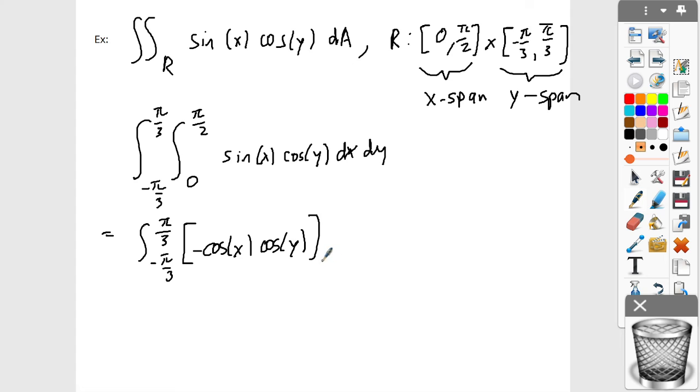Then x is equal to 0, x is equal to pi over 2, dy. So what would this give you? Cosine of pi over 2 is 0. Cosine of 0 is 1. So what you end up getting is just positive cosine y dy.